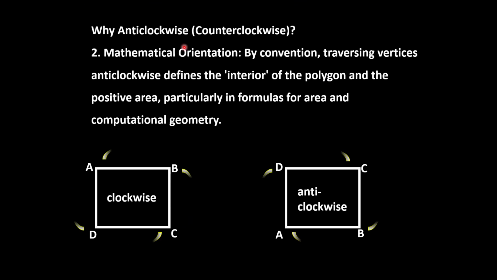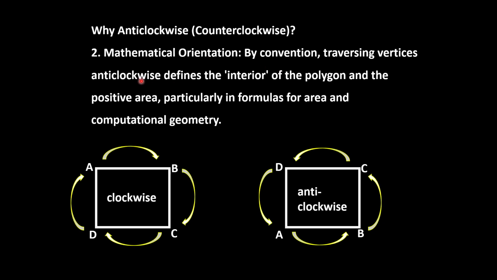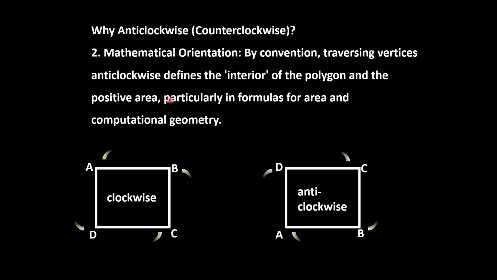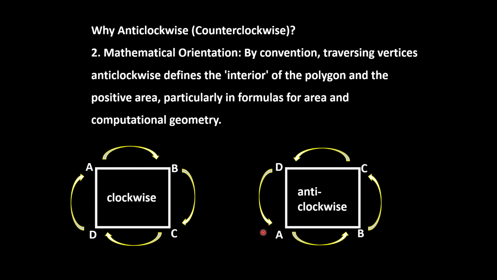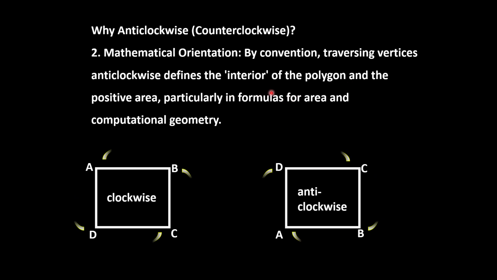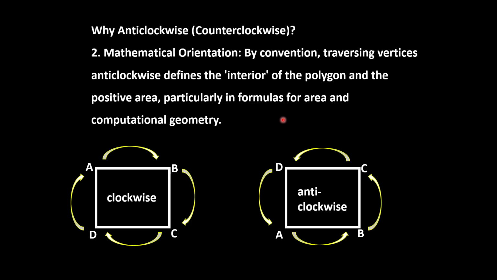Why anti-clockwise? Point number 2, mathematical orientation. By convention, traversing vertices anti-clockwise defines the interior of the polygon and the positive area. Otherwise, moving clockwise would give the exterior of the polygon and the negative area. This matters particularly when you use certain formulae for area in computational geometry.